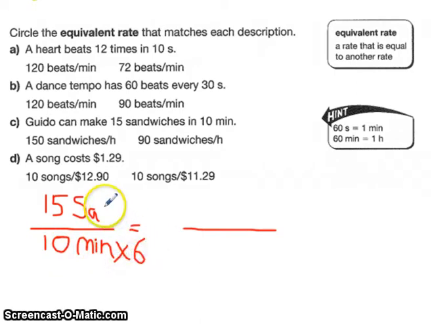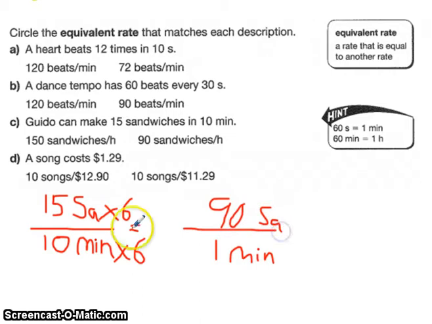We multiply by 6. Okay, so because we times the bottom one by 6, we must times the top one by 6 as well. So we're going to get 1 minute over here. 1 minute. And 15 times 6 will be 90 sandwiches.